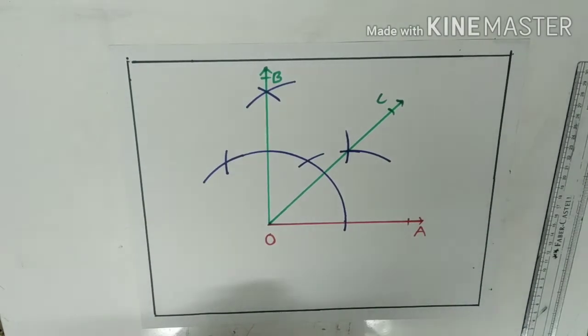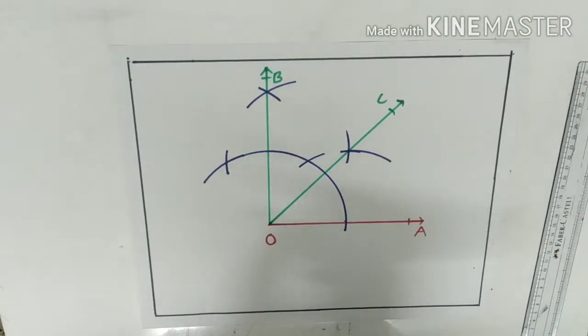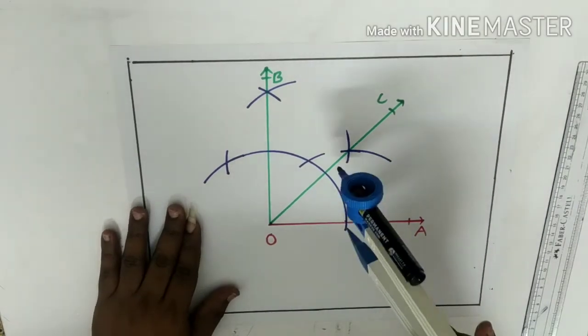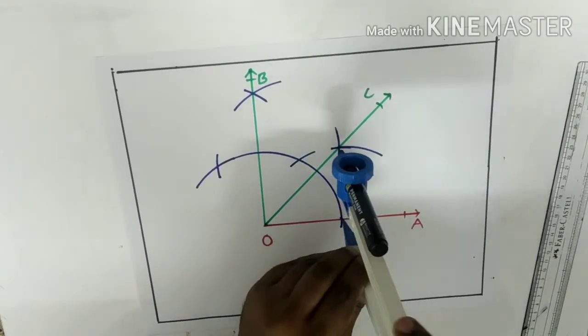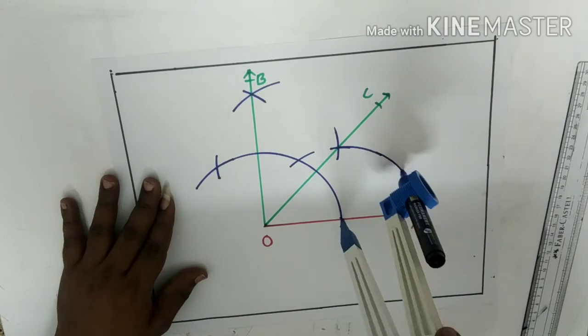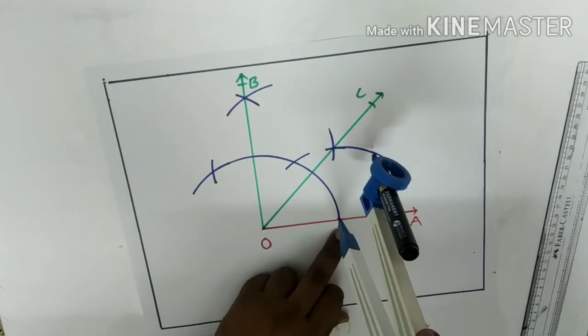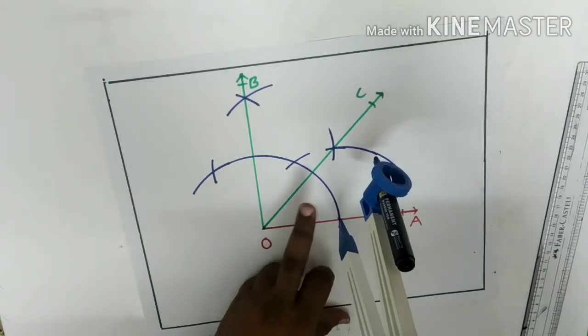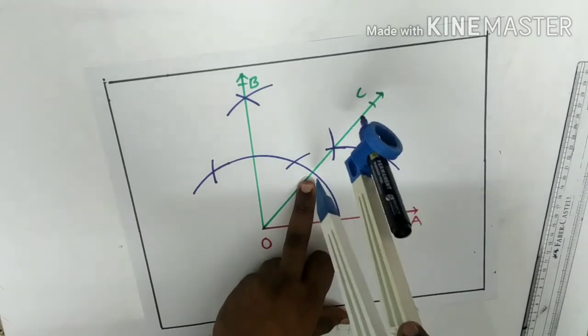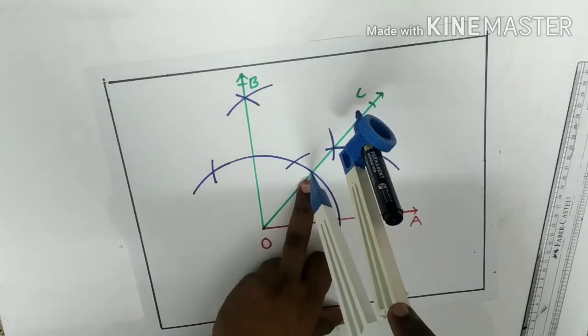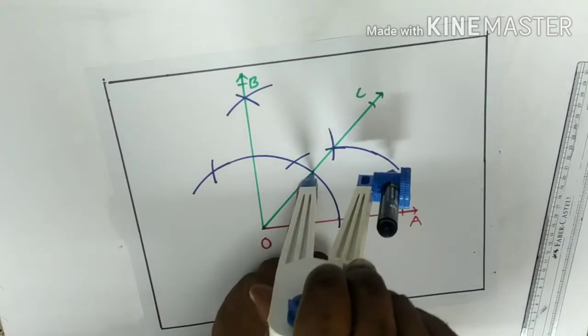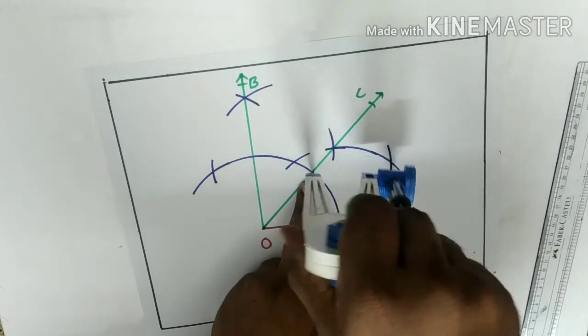If you bisect 45 by 2, 22 and a half, don't change the gap. Now extend this arc from this point. Now second arc, where this 45 degrees line and arc intersect, place the needle there and draw one arc.